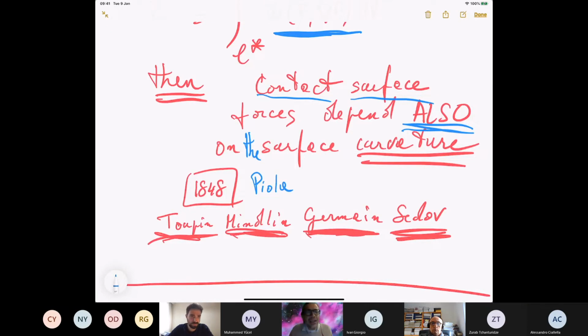Piola was a rather rich man. For me, I needed to fight all my life for getting a chair in an Italian university. Before being professor in L'Aquila, I was professor in Napoli, I was professor in Rome. It is very difficult for me to conceive that Piola declined 3 offers of a university chair in Rome, in Bologna, and in Pavia.